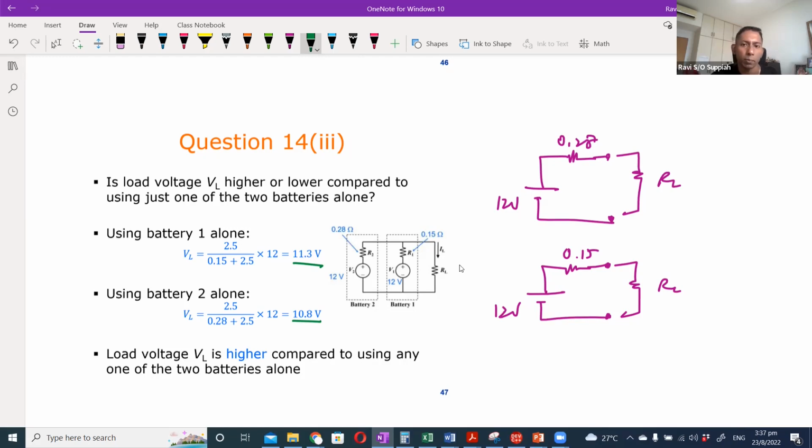So having multiple batteries actually helps to reduce the overall internal resistance of the battery, which means that you can deliver a higher voltage to the load. So that is what this question is trying to make us see: how having multiple batteries actually helps in delivering a higher voltage to the load.